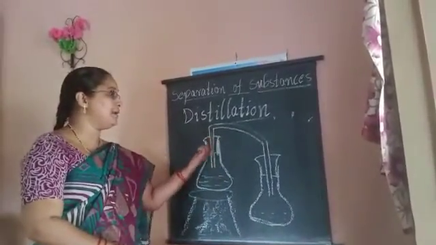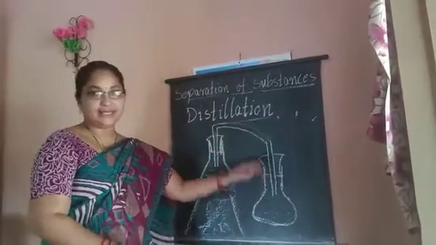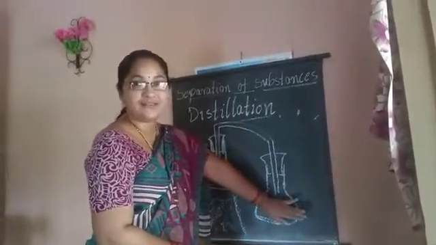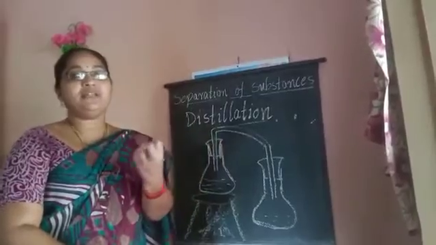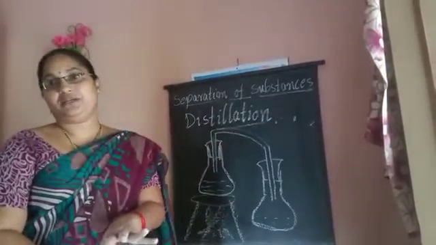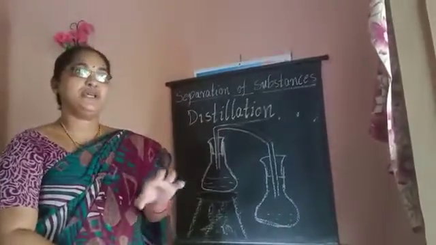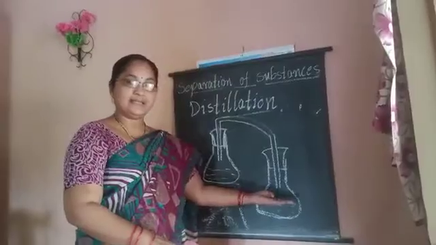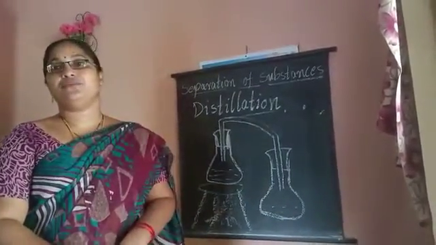This water vapor passes through these tubes and reaches the second conical flask. There is no heating there, so the water vapor cools and converts to water. The water collected in the next conical flask is called distilled water. It is free from impurities.